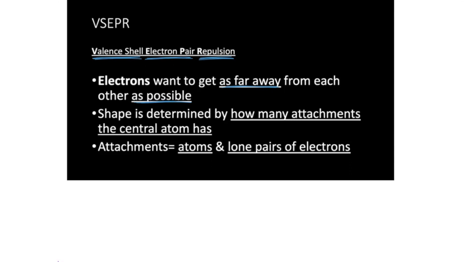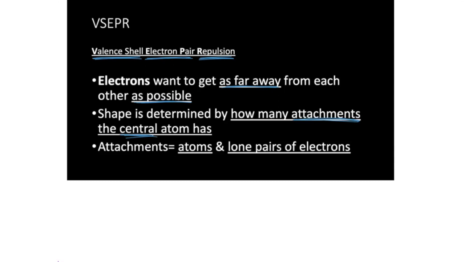However, they're still all attached to that central atom, so they've got to adjust while staying attached to the center atom. And so the shape that results gets determined by the number of attachments to the central atom. The central atom is where everything's connected, so that's what determines the shape it takes.